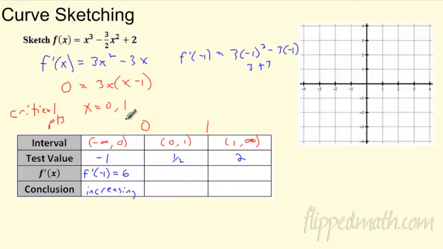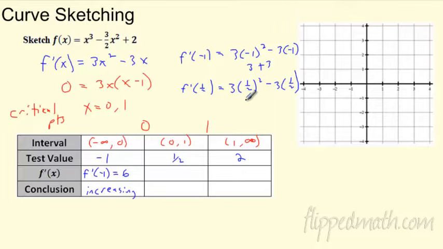I'm not going to be able to use a graphing calculator and just put this bad boy in here. This was hugely important before graphing calculators could do that for people. So I know the function's increasing on this interval. Now we've got to do it again. Let's plug in, what is the derivative at 1/2? And again, I'm really just concerned about that sign. When I put 1/2 into the derivative for x, is it positive or negative?